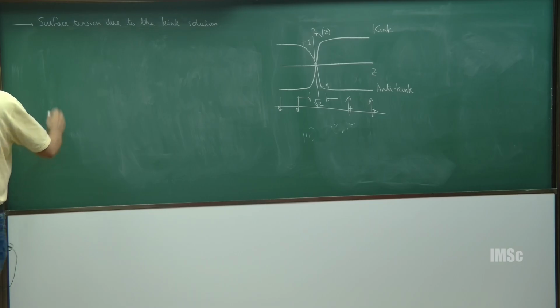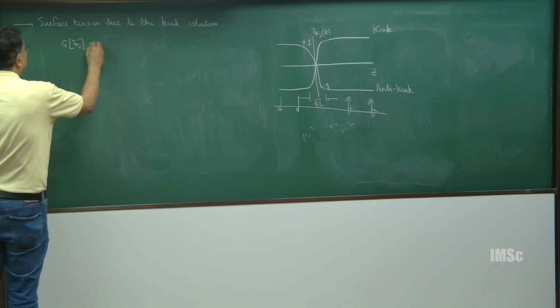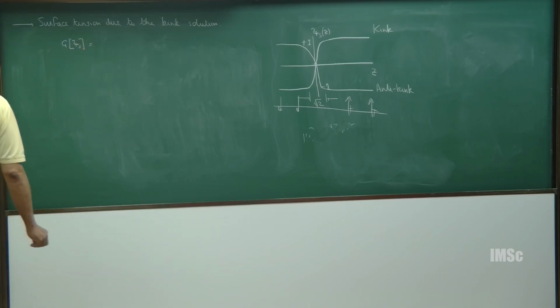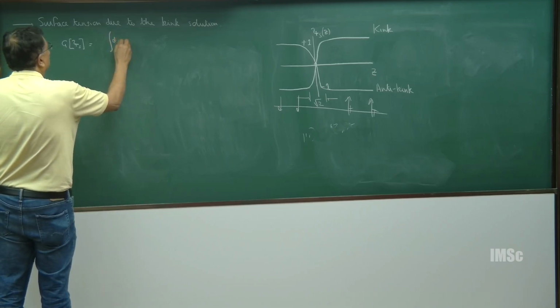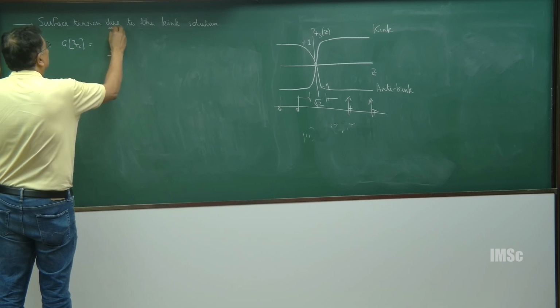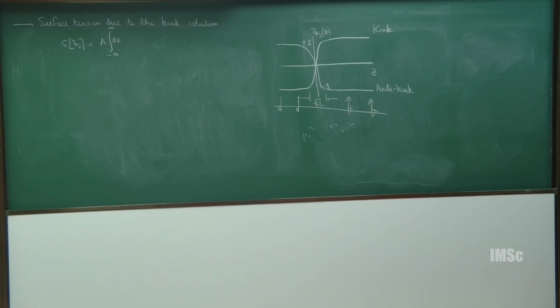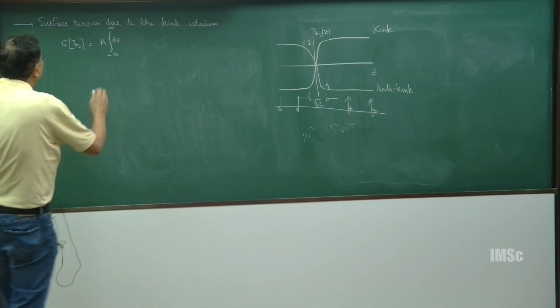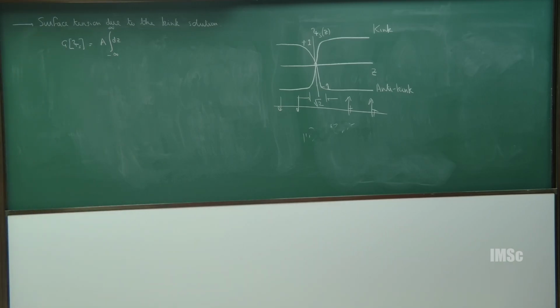So, the free energy for the kink solution is simply G psi s. Now, this is space dependent. It is equal to, I am going to break the integral up into dz, which ranges from minus infinity to plus infinity, and then it is translationally invariant in the other directions. It is just a one dimensional solution. So, that is the area A of the transverse direction.